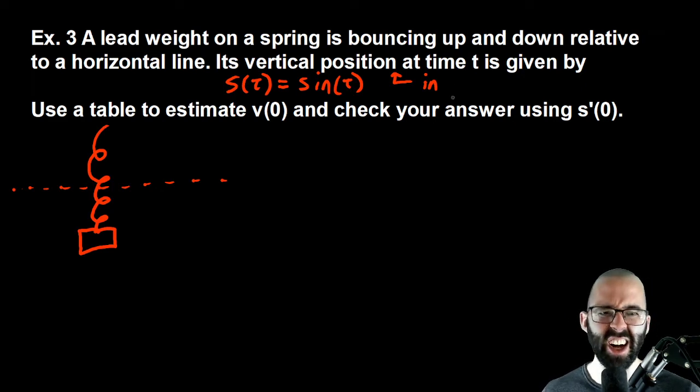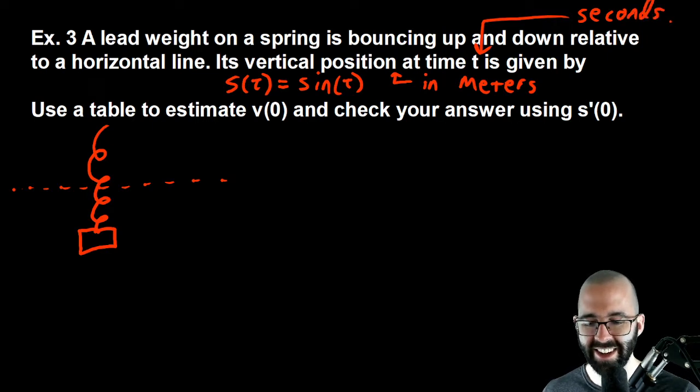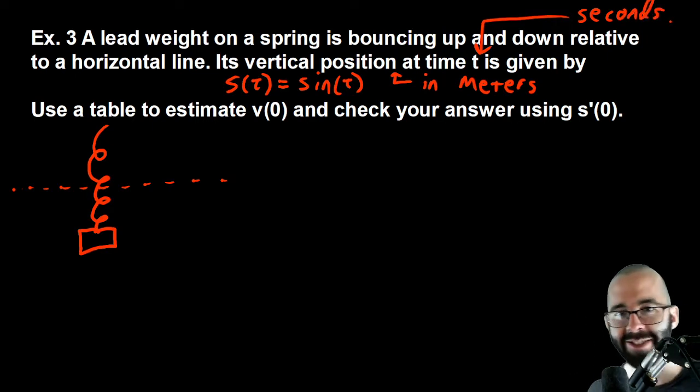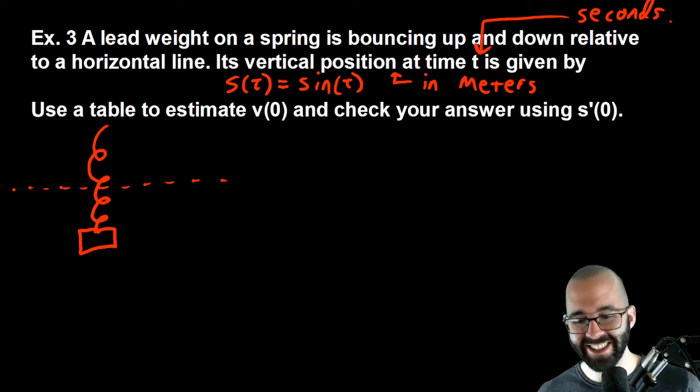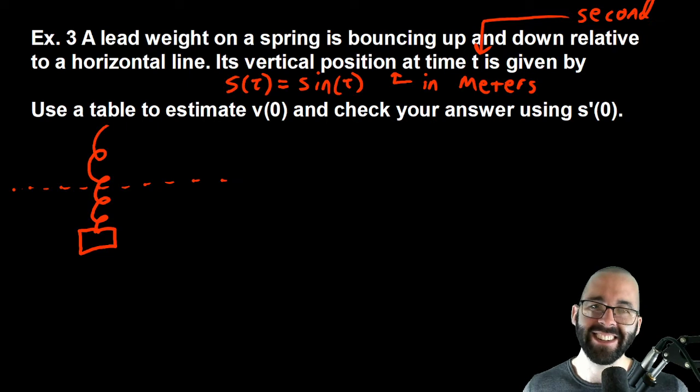Its vertical position in, let's have it bounce a lot. Maybe this is a really big weight. Let's say in meters, at time t seconds. Actually, I don't know if this really works. No, it's not going to be seconds. See, this is why I don't want to include units, because it's going to turn out that it takes like 6 seconds for this thing to bounce down and up.